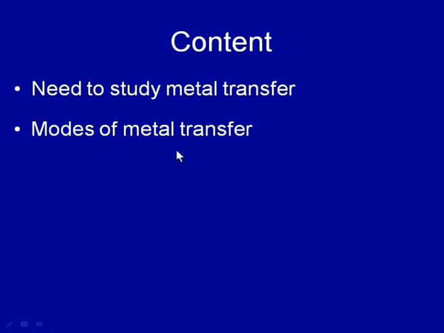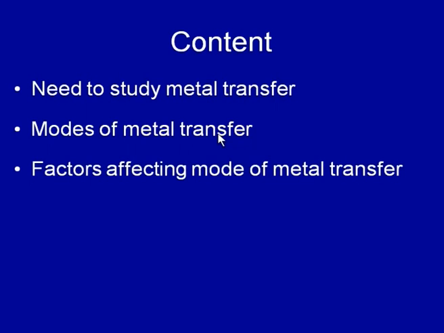Thereafter, we will see the different ways through which metal transfer takes place, especially the form in which the metal transfer takes place from the electrode tip to the weld pool. Thereafter, we will also see the important factors that affect the modes of metal transfer.